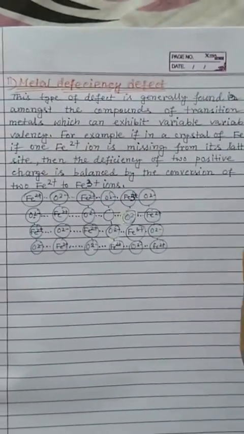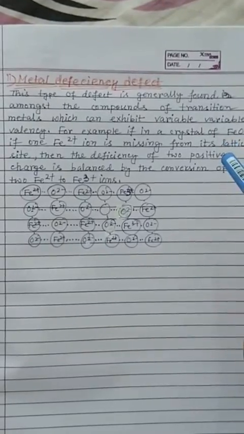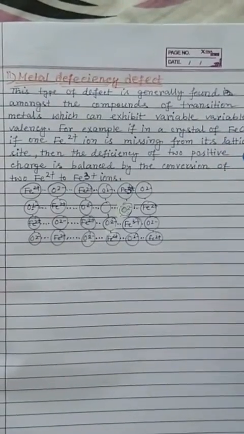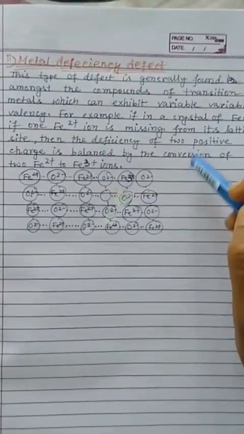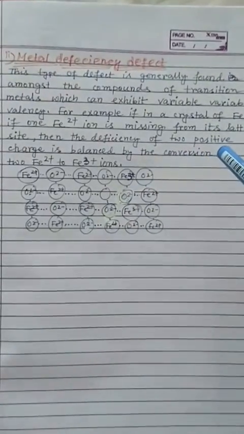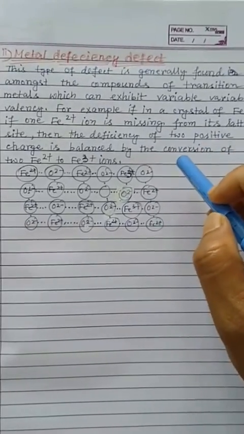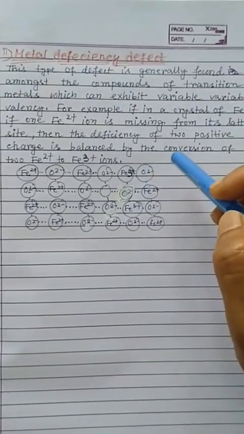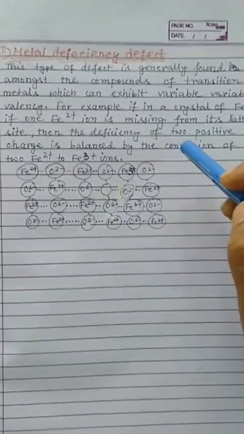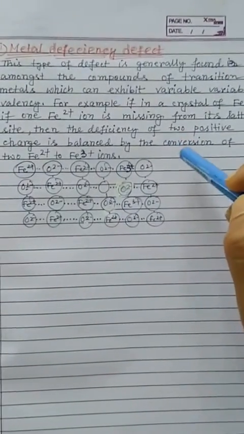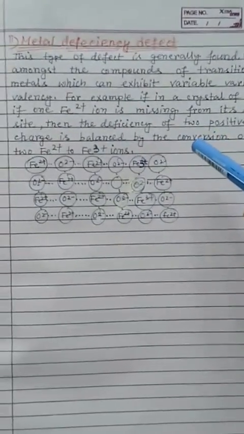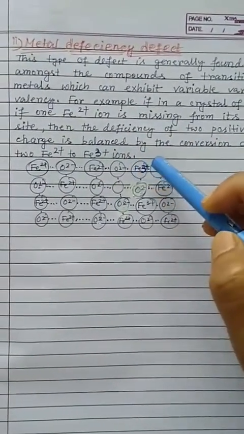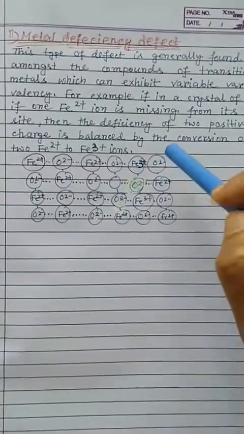For example, if a crystal of iron oxide is heated and one Fe2+ ion is missing from its lattice site, then there is a deficiency of two positive charges. This is balanced by the conversion of two surrounding Fe2+ ions to Fe3+ ions, so the deficiency is compensated and the crystal maintains electrical neutrality.